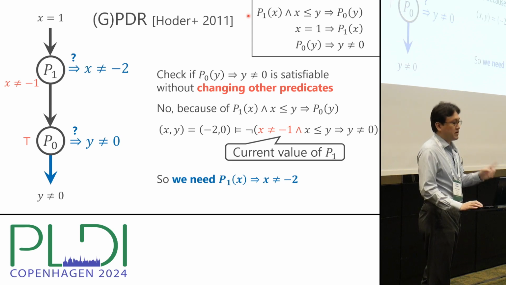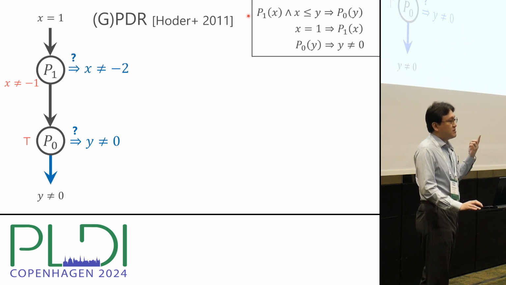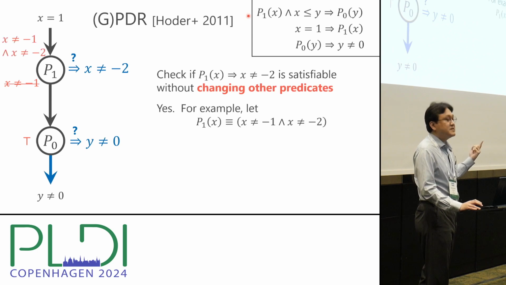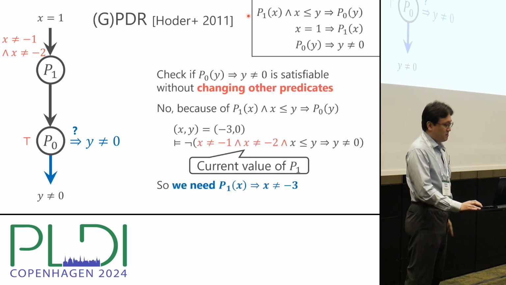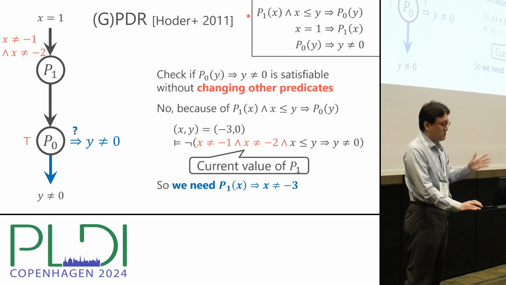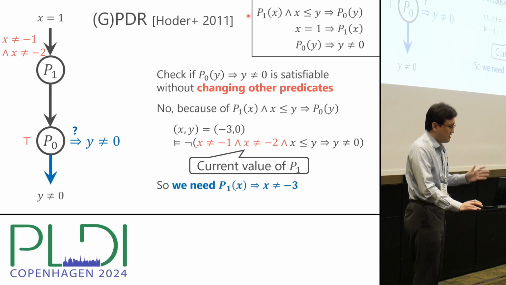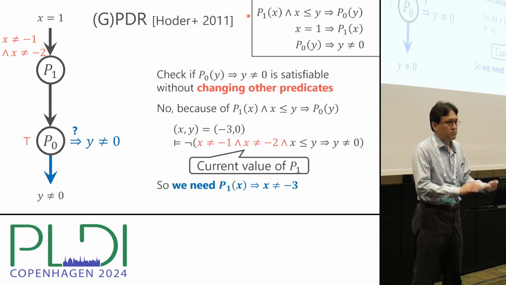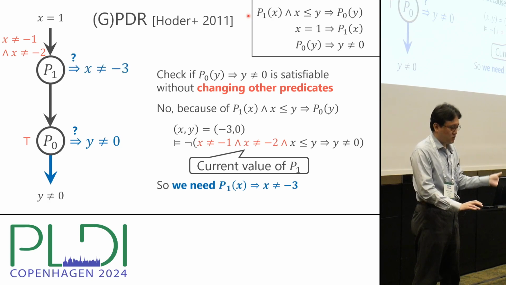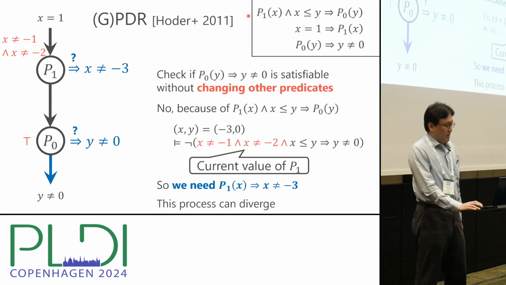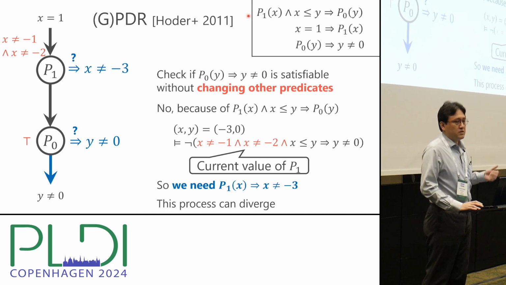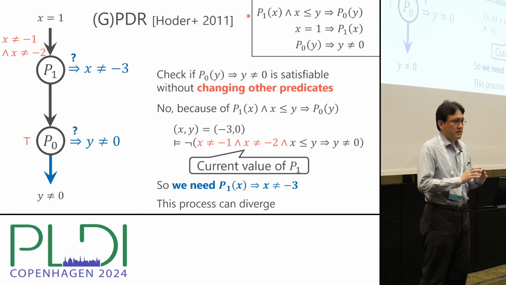So we propagate this information, and this can be resolved locally like this. So we do that. And then for this new assignment, we again go back to P0 and check if this is resolved. It can't be resolved locally, so we propagate this like that. And you may notice that this process may diverge. This is a possible diverging scenario of GPDR.